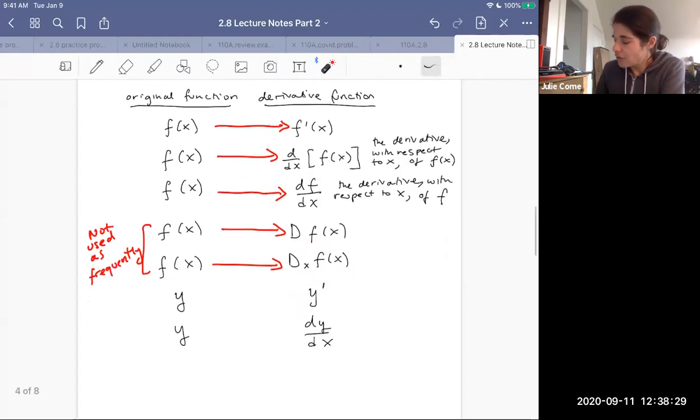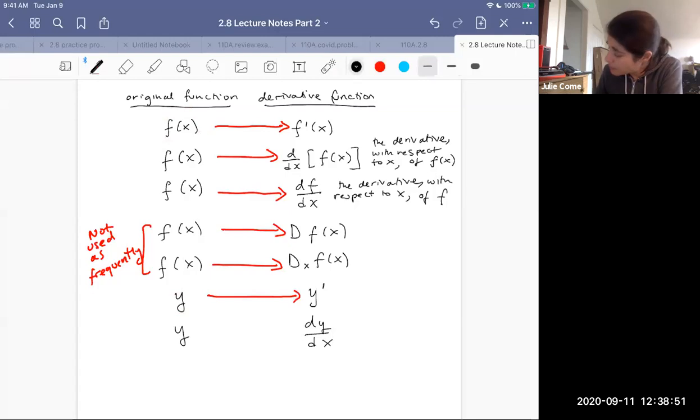Well, what if our original function isn't called f of x, but we just have the notation y? A lot of times we just notate a function with y. If we're using the notation y to represent the outputs of our original function, then the derivative function can come in two ways. We can call it y prime.